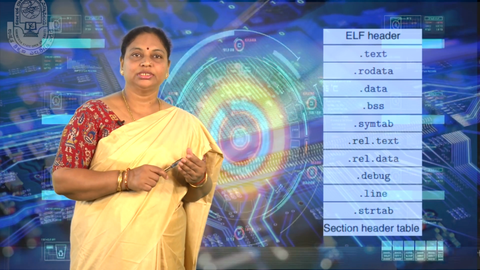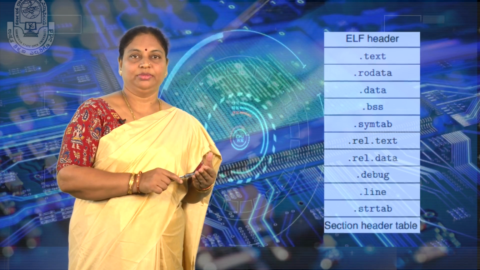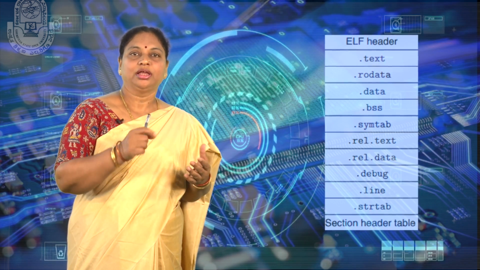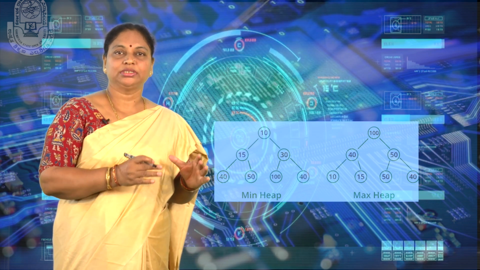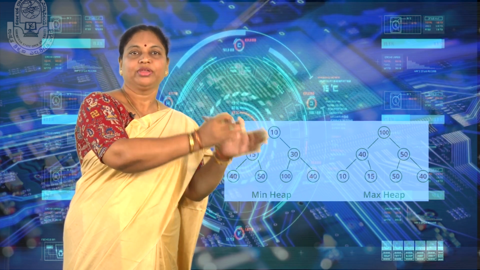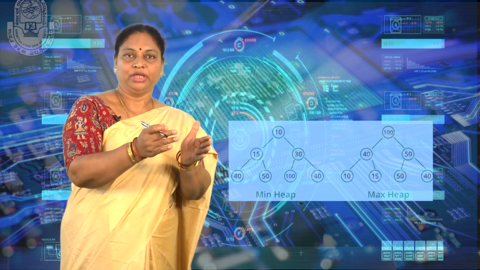A process, along with this information, stores one more thing called the heap. Heap is a group of memory which is allocated to the program whose execution is undergoing, and here the allocation is done dynamically.